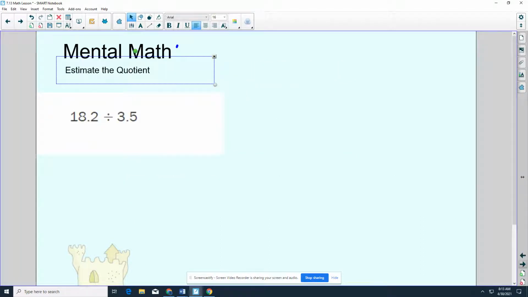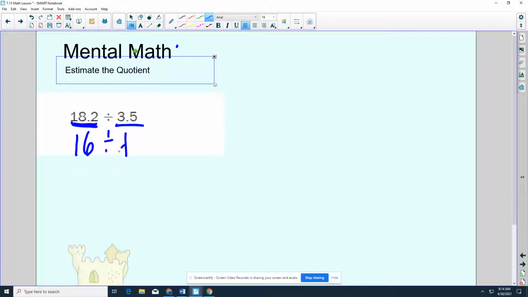Let's get started with the mental math here. We want to estimate our quotient. If you remember, the quotient is the answer to our division. So if we look here, I can see that this is pretty close, 18, and this is pretty close to either 3 or 4. Well, I can't do 18 divided by 4 in my head, or 18 divided by 3, but I could make this into 16, and I could make this into 4, and I know my quotient should be around 4.